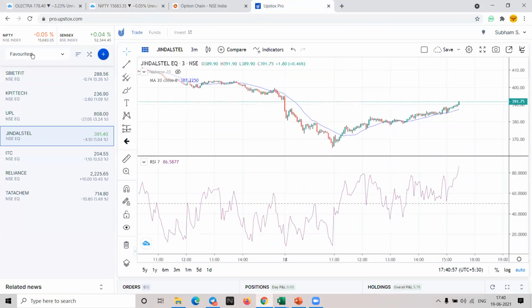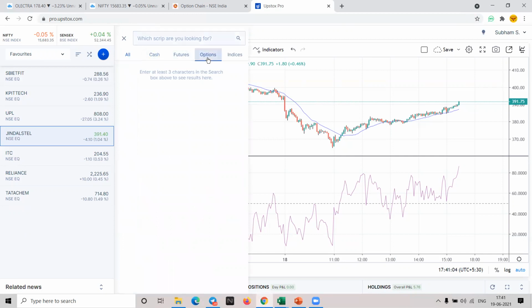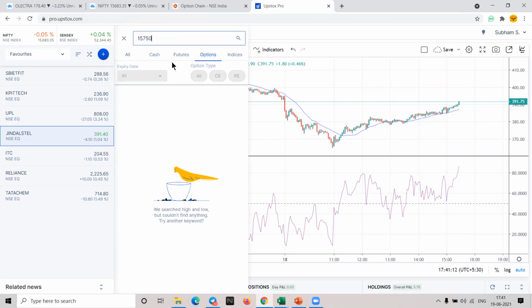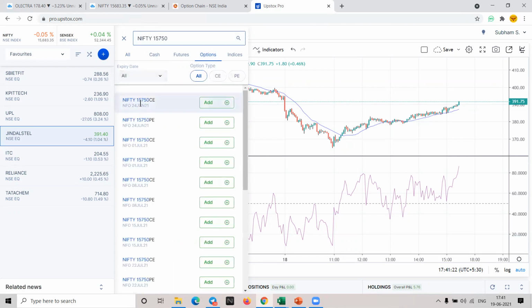How you have to do it? Simply, 15,750 was the running ATM in the morning in Nifty, right?